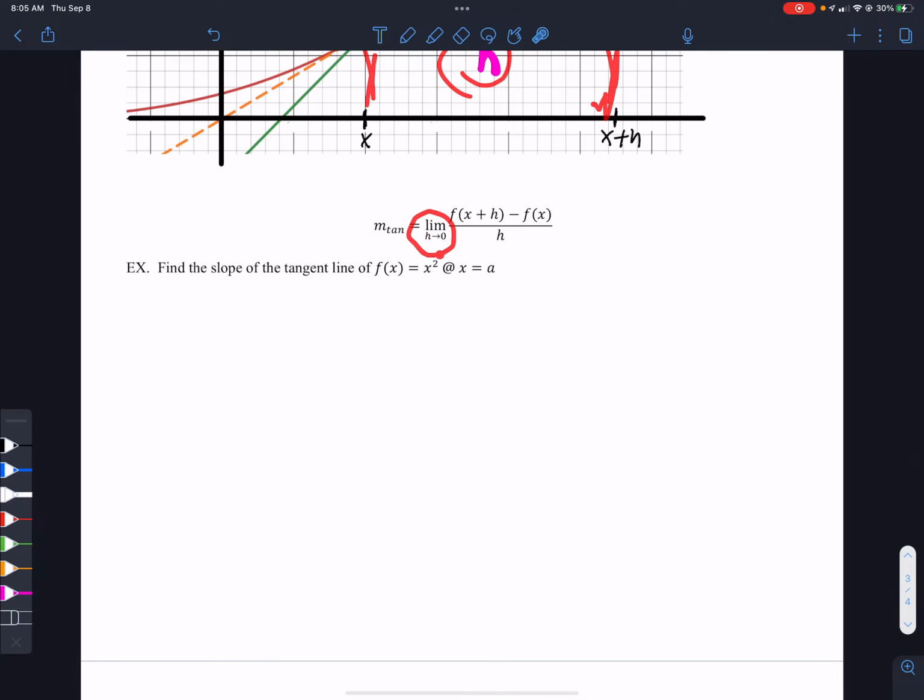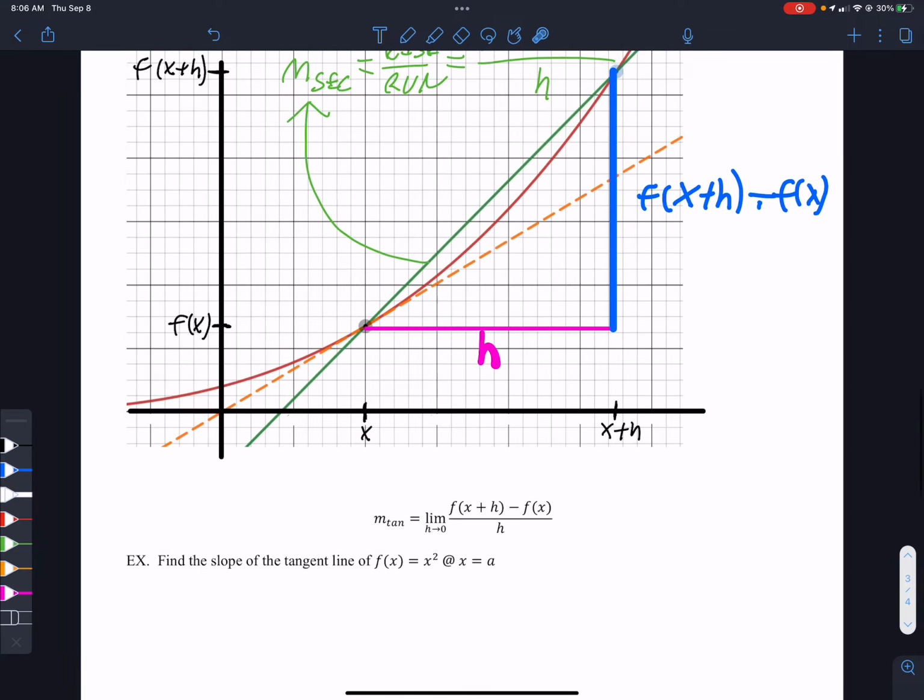You take the limit as h approaches 0 of the slope of the secant line. This is also average rate of change, just written differently, right? We're introducing this weird variable h. But it's another formula that you need to know; you'll see this on the AP test. Not very often, but you will see that. So we're going to use this formula now to do the same problem we did earlier.